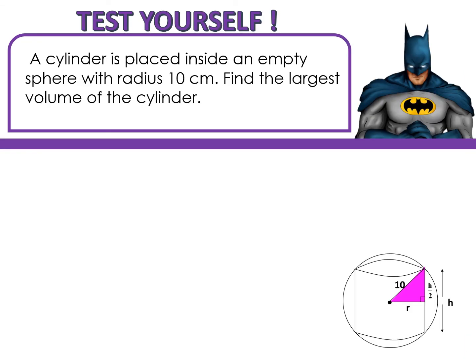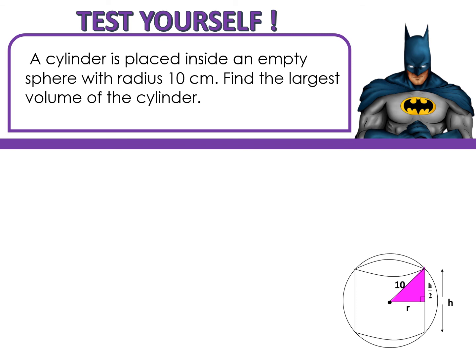For the question Test Yourself: a cylinder is placed inside an empty sphere with radius 10 cm, as stated in the sketch. Find the largest volume of the cylinder. Based on the sketch, we consider this length, which is 10 cm, since the radius of the sphere is 10.